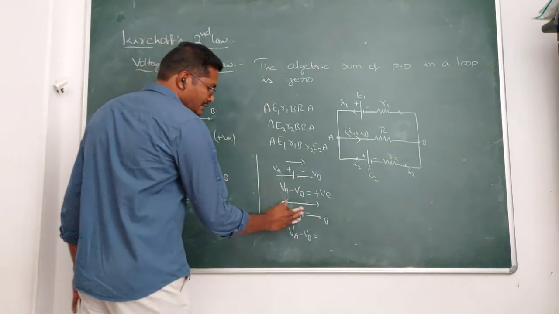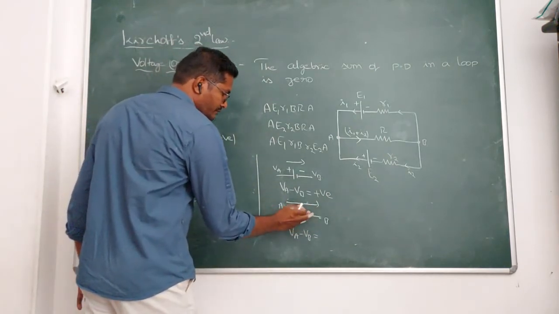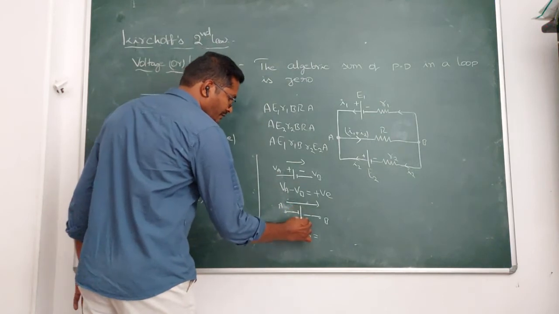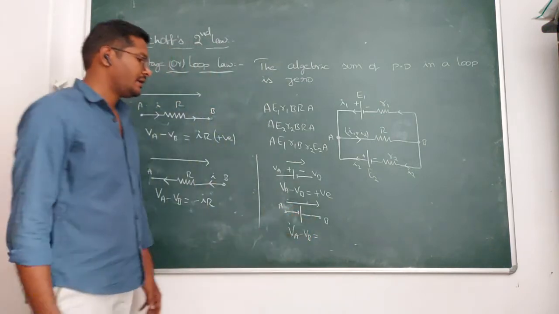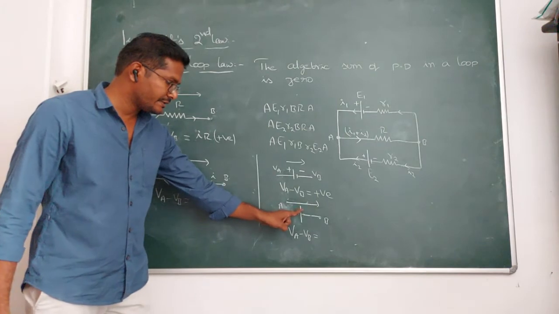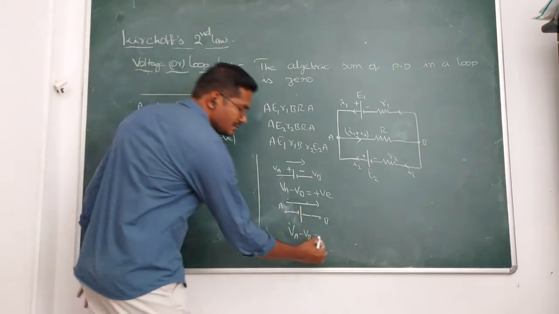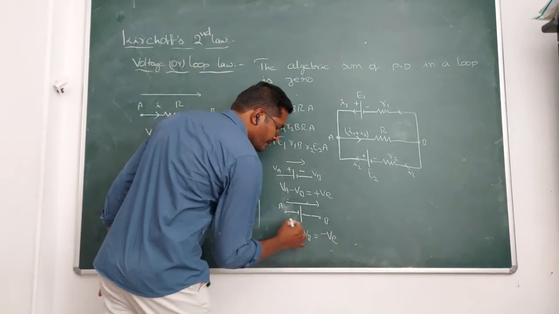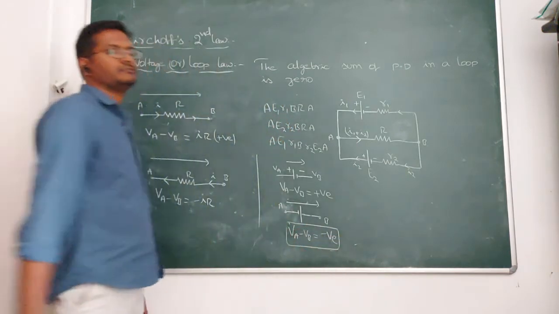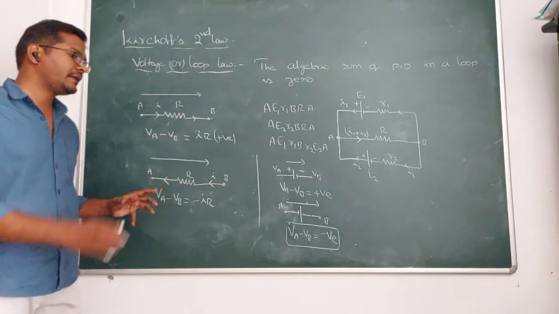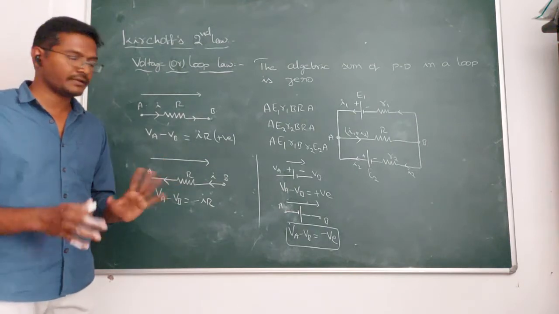But here the cell is in the opposite direction. Suppose this is negative and this is positive, this is at lower potential and this is at higher potential, lower minus higher, then you will get negative. You can also take it in the reverse, that is also correct.